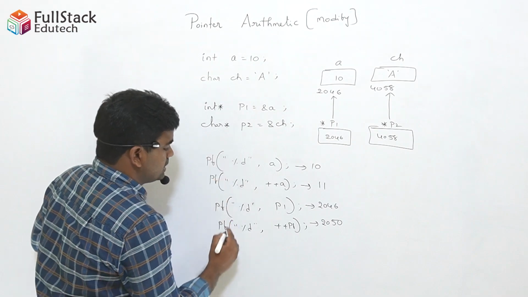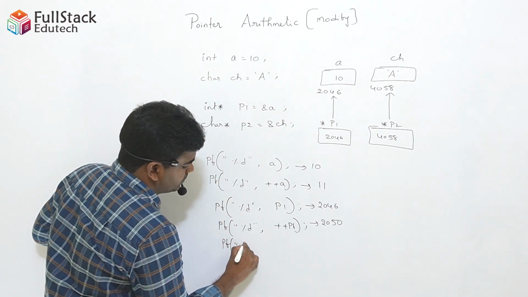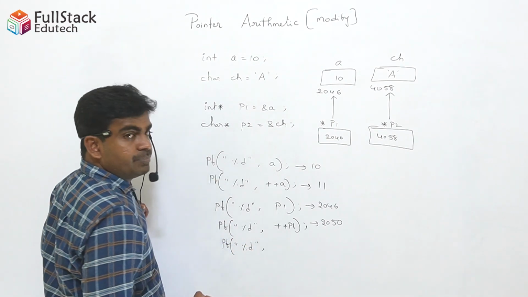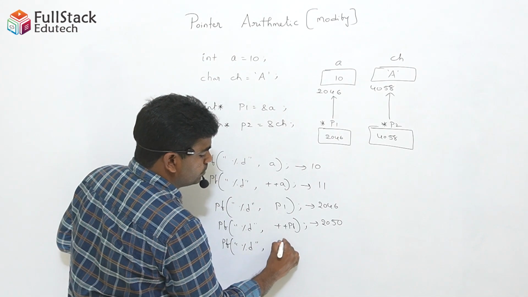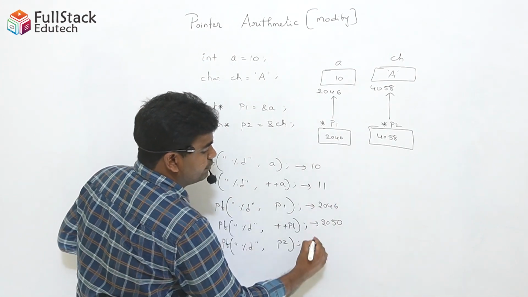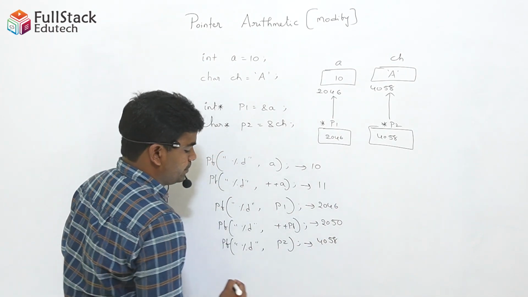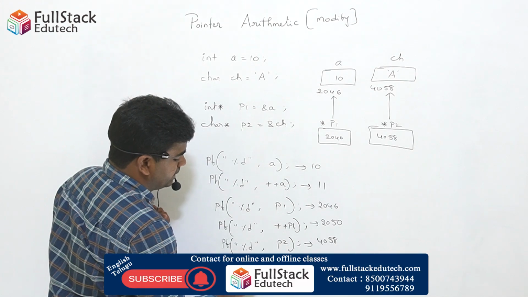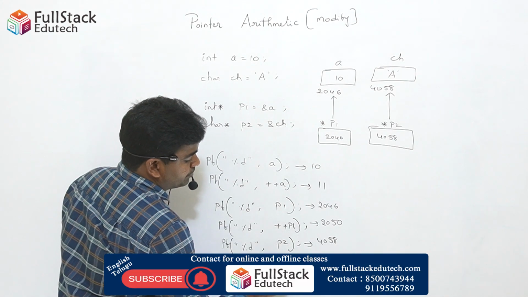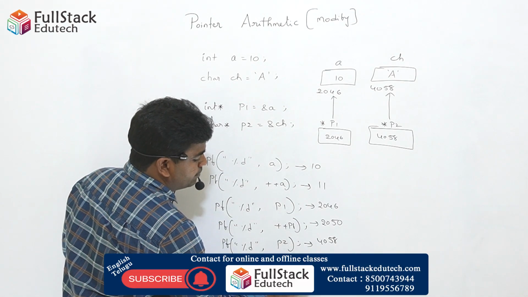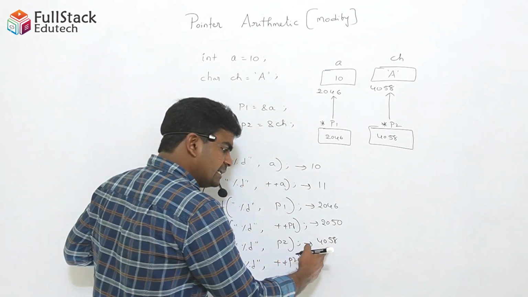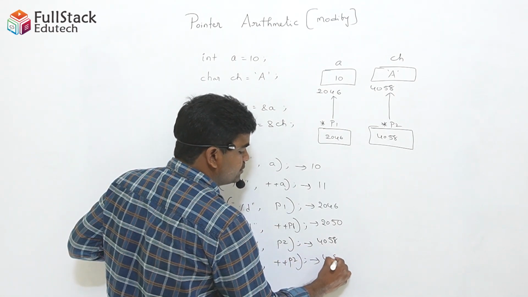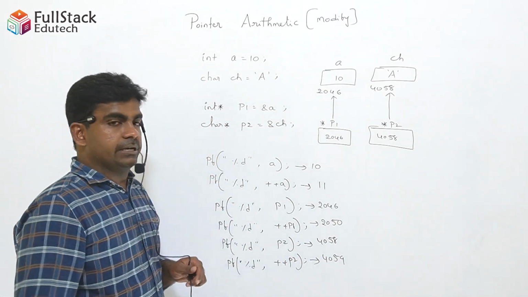Sir, suppose I am printing percentage d P2, the value is 4058, consider. Suppose I am printing percentage d plus plus P2, sir, will it increase by 4 bytes? No, it is 4059 only.